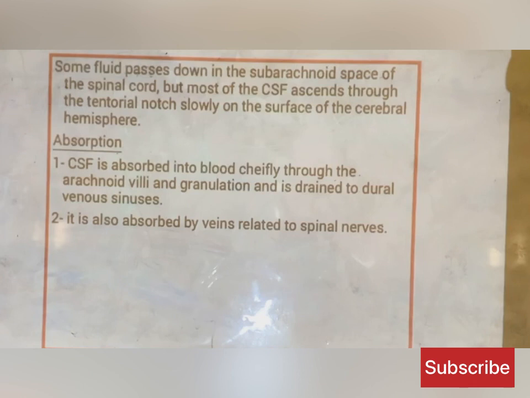The CSF has a lot of content. It has a glucose level, protein level, the level of the minerals, calcium, phosphate, sodium, chloride, all these biochemical components are there. At times, if it is due to a hemorrhage, because when somebody has subarachnoid hemorrhage and you tap the CSF, you'll see blood inside.